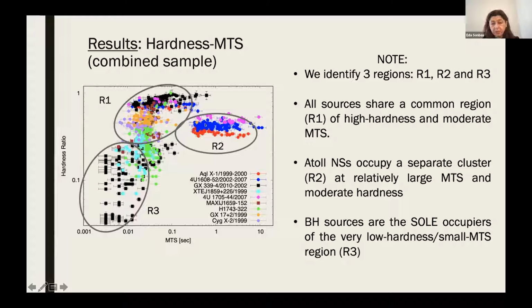And the second region, only neutron star atolls create a separate cluster at relatively large MTS and moderate hardness, sorry. And the third region, as you see, black hole sources are the only occupiers of this region, which is low hardness and small MTS. That is corresponding to the high soft state for the black hole.